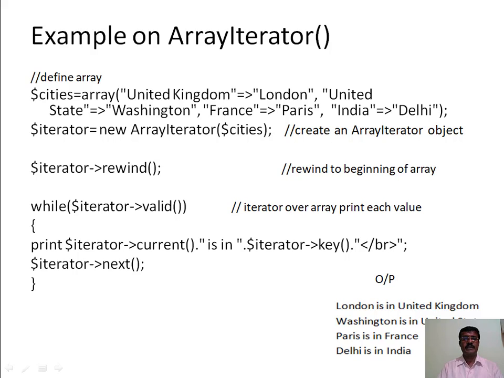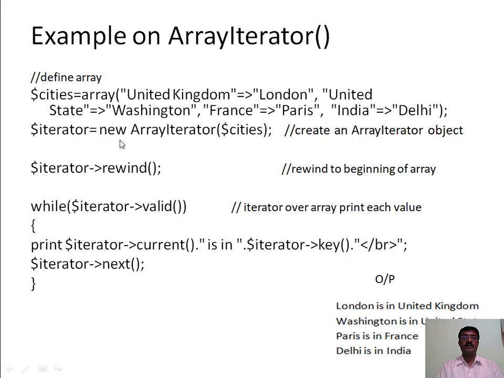Example on array iterator. By this simple program, we can demonstrate how we can use array iterator functions. In the first part, I have created one associative array named cities. It has some country names as keys and the corresponding capital cities as values.